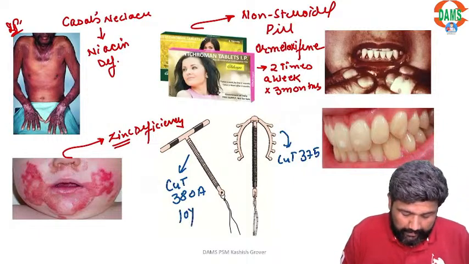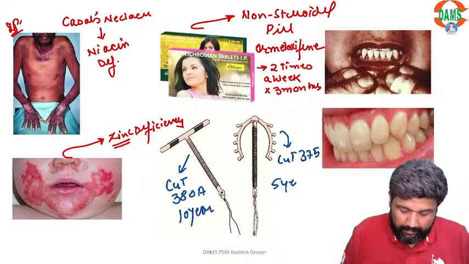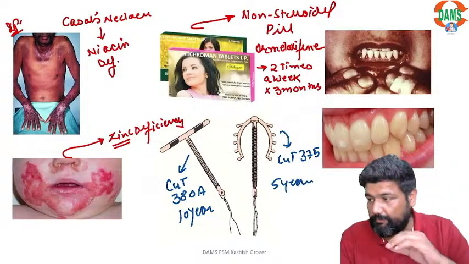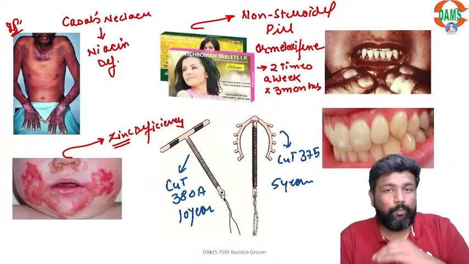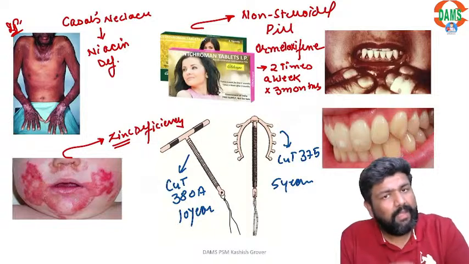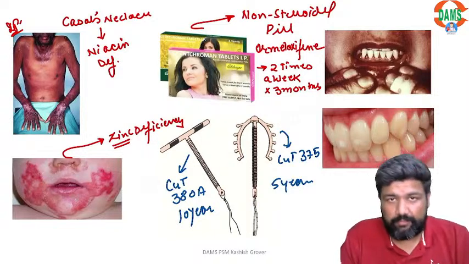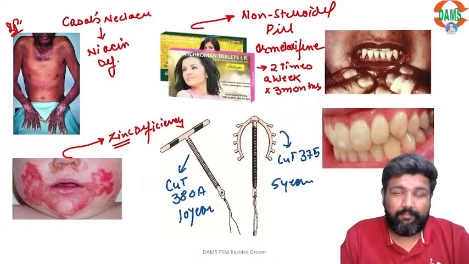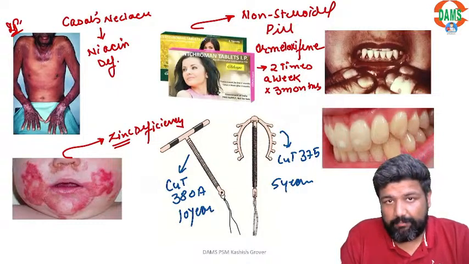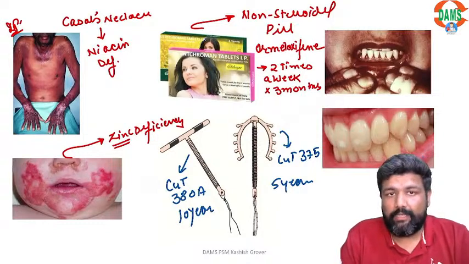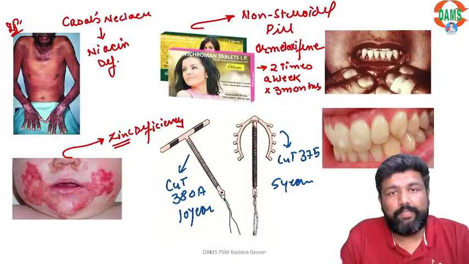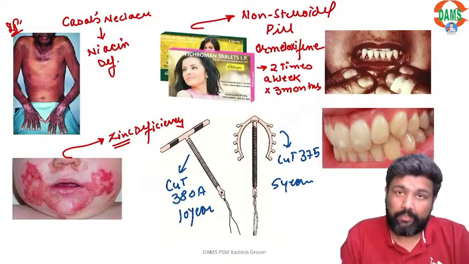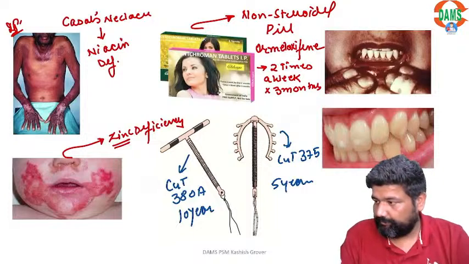This one is for 10 years and this is for 5 years. If the beneficiary wants only 5 years, then you go for 375. This is U-shaped, whereas copper T 380A is T-shaped and is for 10 years. Long duration, copper T 380A. Short duration, under Government of India, 375.